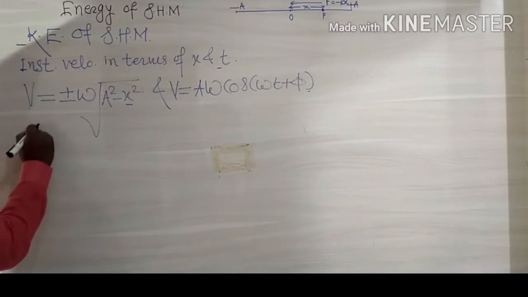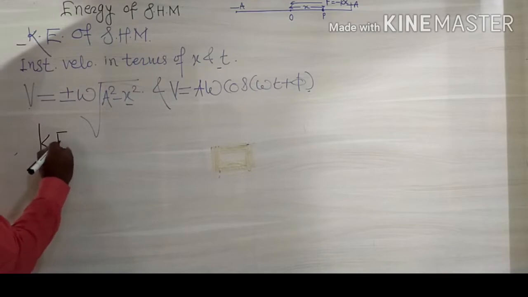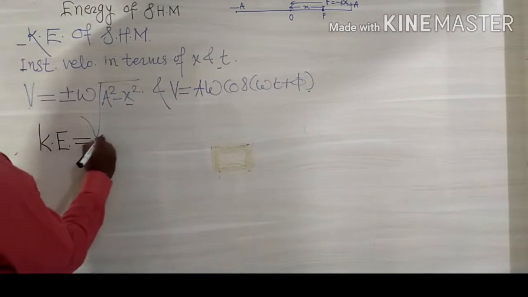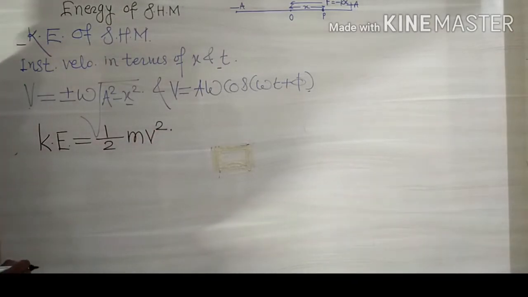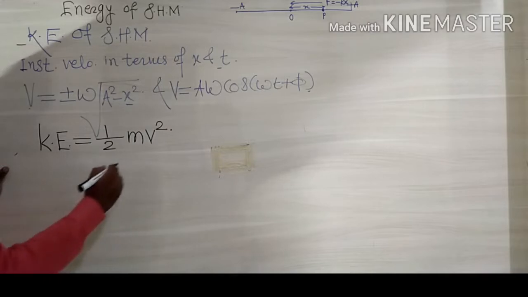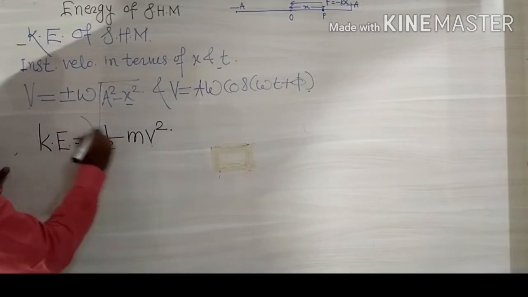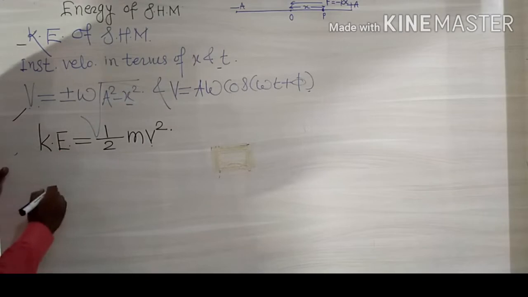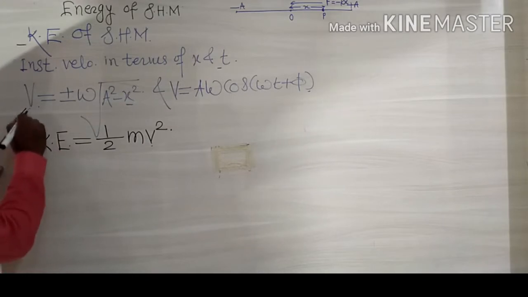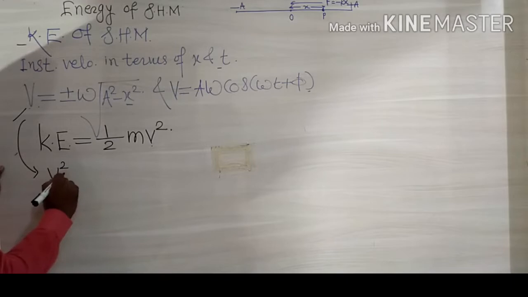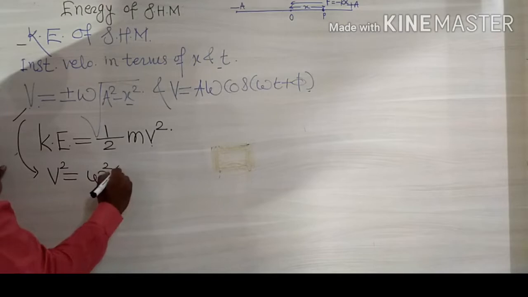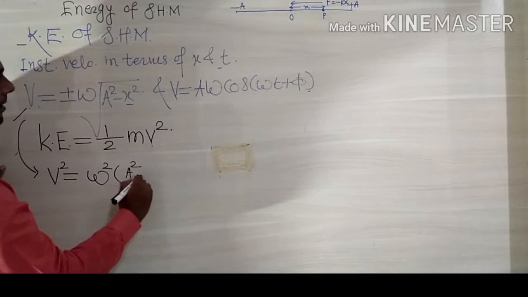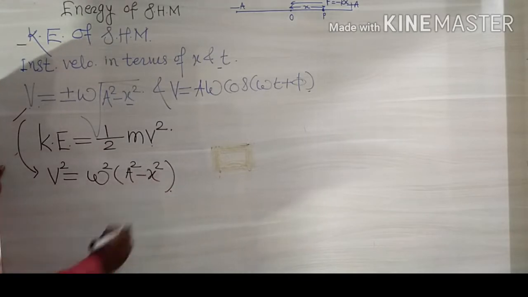Now we find the kinetic energy of simple harmonic motion. The kinetic energy is equal to 1/2 mv square. By taking the square on both sides of the velocity equation, we get v square is equal to omega square into a square minus x square.